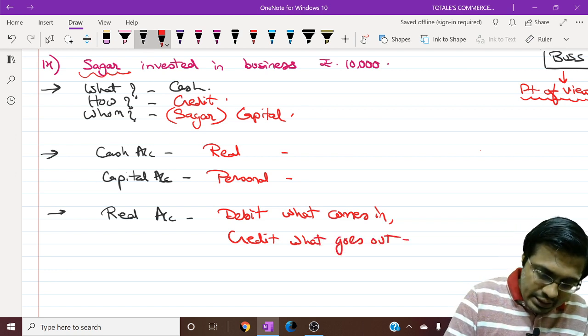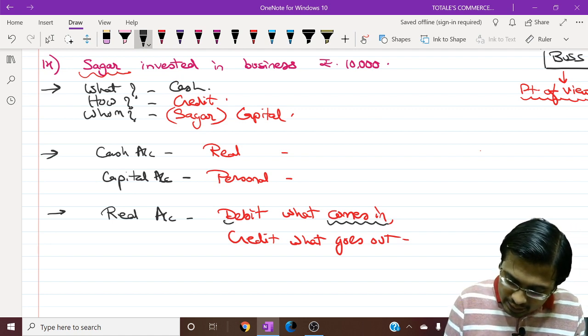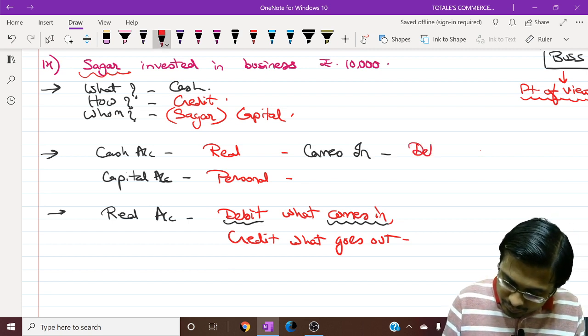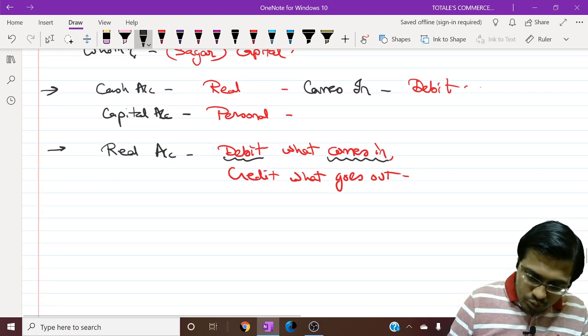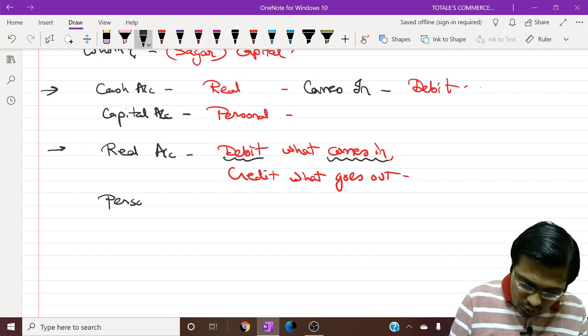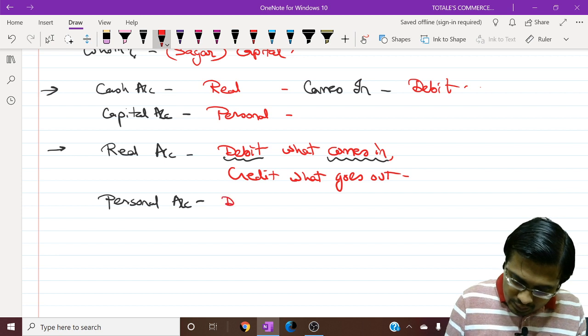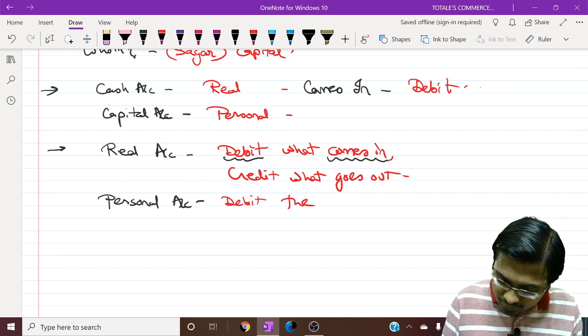Now my friend, Sagar is investing in the business, so cash is coming in, and as per the rules, debit what comes in. So cash comes in, debit. And capital account is a personal account. So let's have a look at the rules for personal accounts. Debit the receiver, credit the giver.